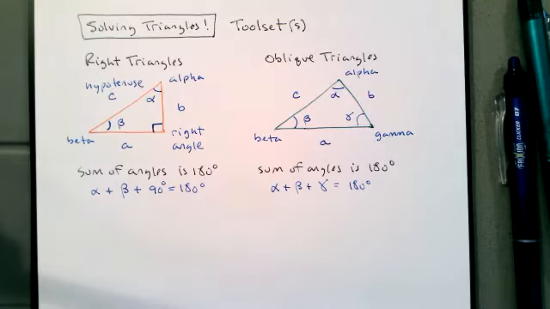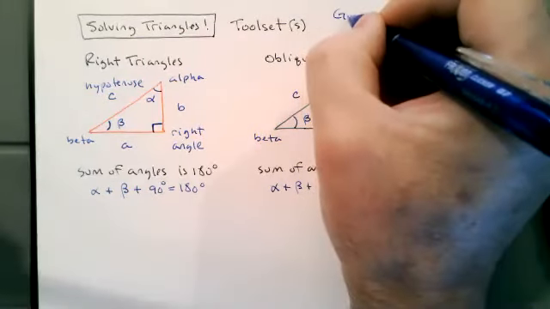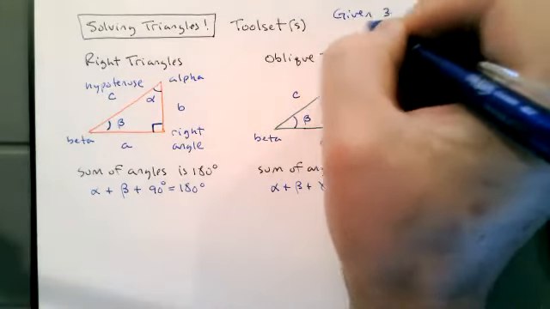So we're just going to talk about the tools that we have to solve. I forgot to talk about what the actual game was, because I was typing it up yesterday and I remembered today that I didn't say that yesterday, so I've got to say it today. The game in solving triangles is, given three pieces of information, find the other three. Given 3, find 3.